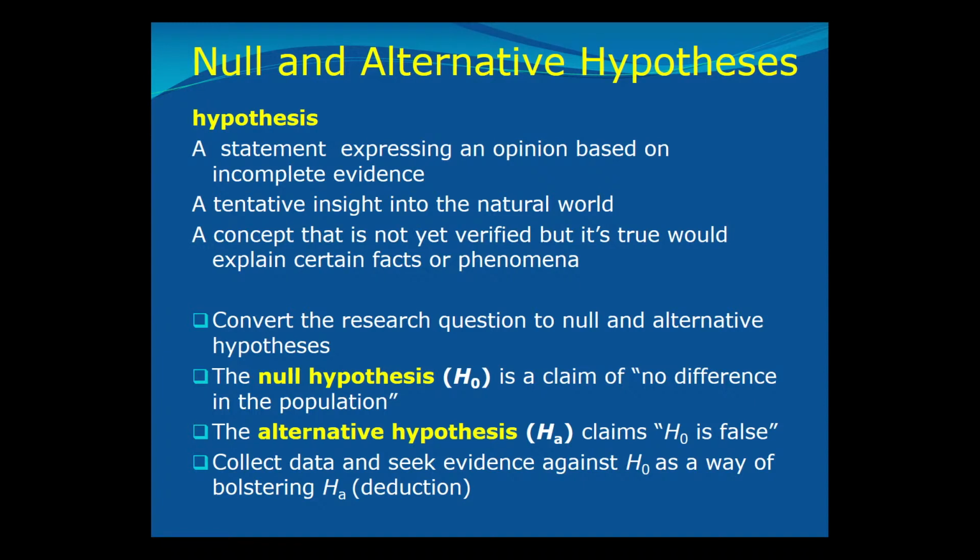The alternative hypothesis is the opposite hypothesis to the null one, and we denote it as HA or H1, and claims H0 is false. So the first step in hypothesis testing is to set up null and alternative hypothesis about the fact or about the phenomena we are interested in.